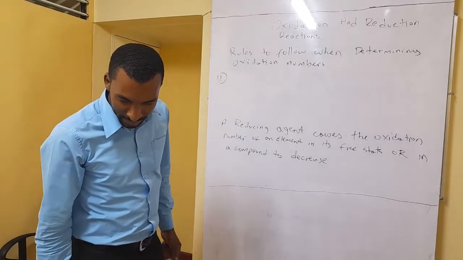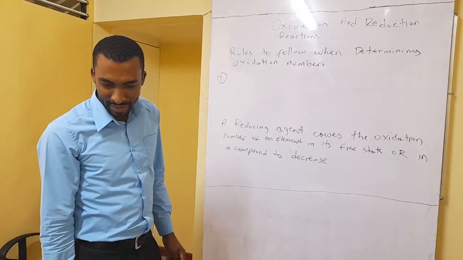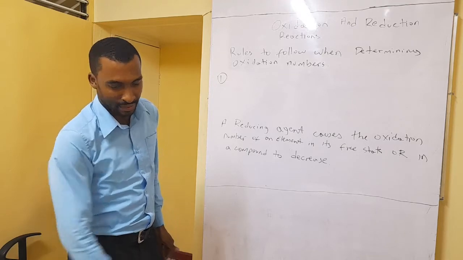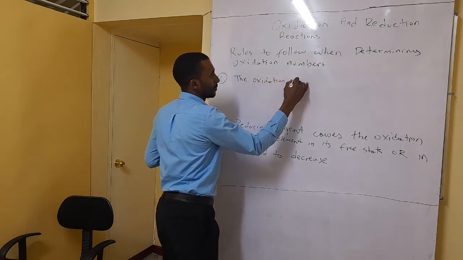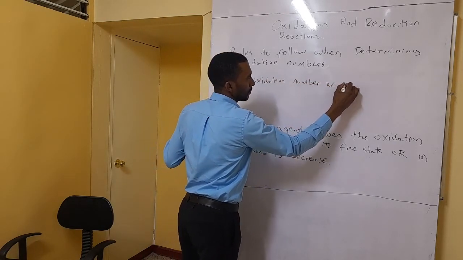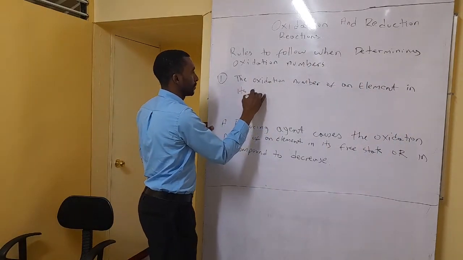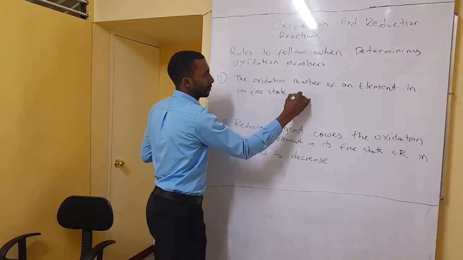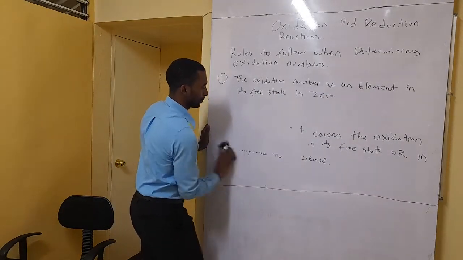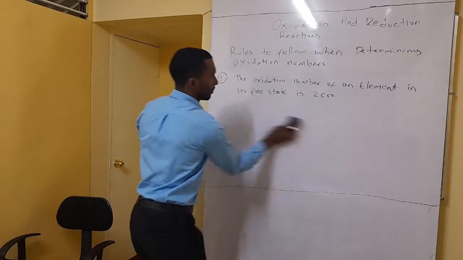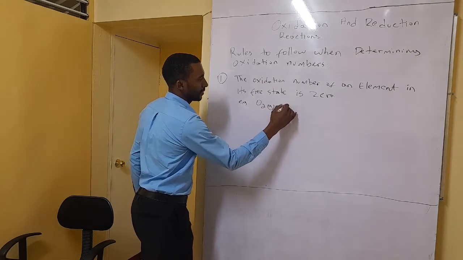Alright, so rule number 1, right? The oxidation number of each atom of an element in its free state is 0. Right? Example, talk about oxygen gas in the air.